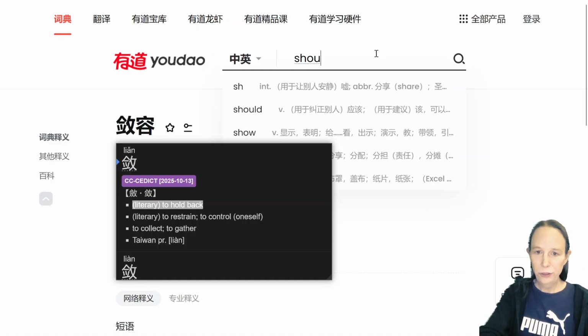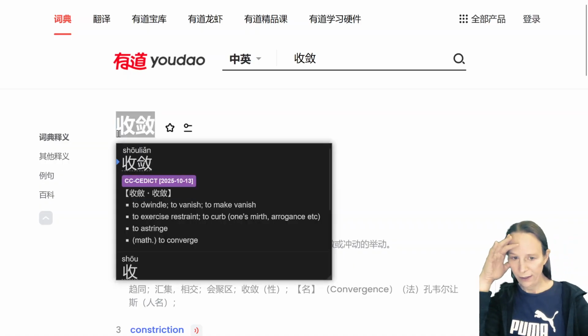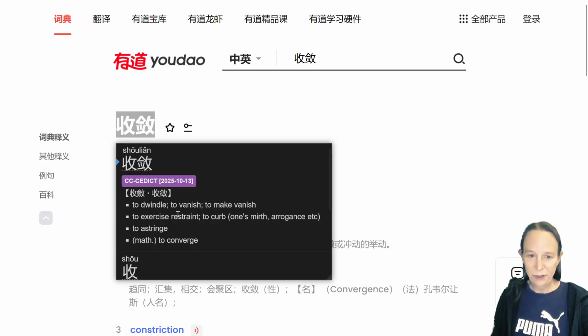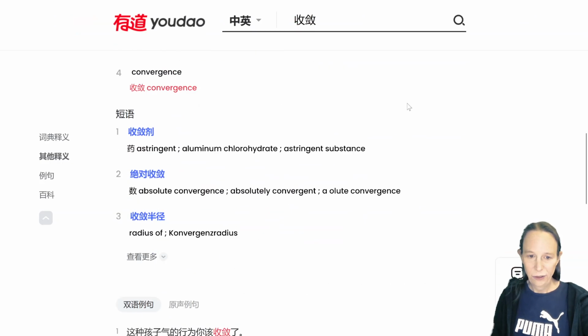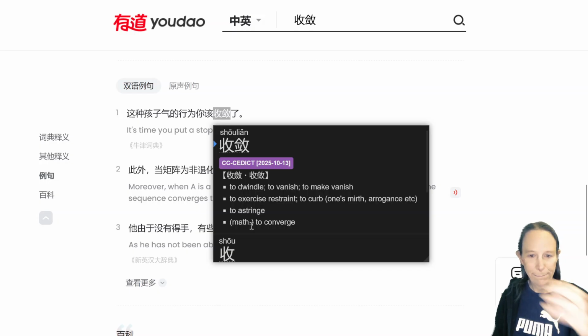So what is 收敛? So this is also hold back, is it? Exercise restraint. 收敛。这种孩子气的行为，你该收敛了。Verb in this one.